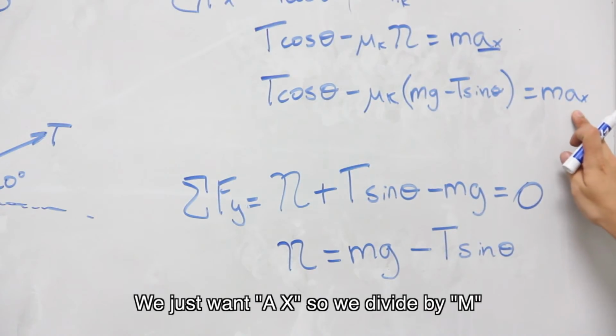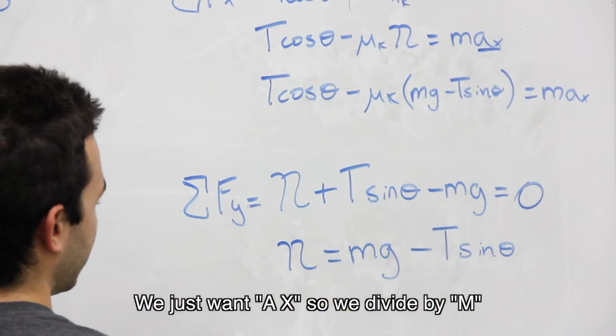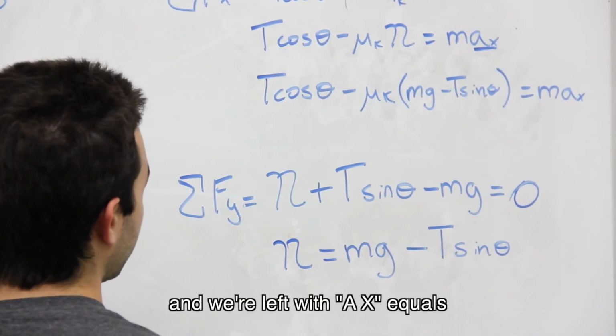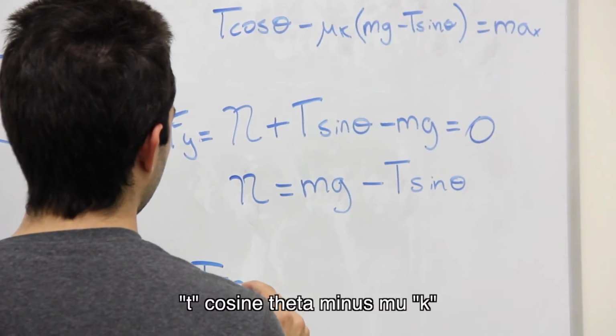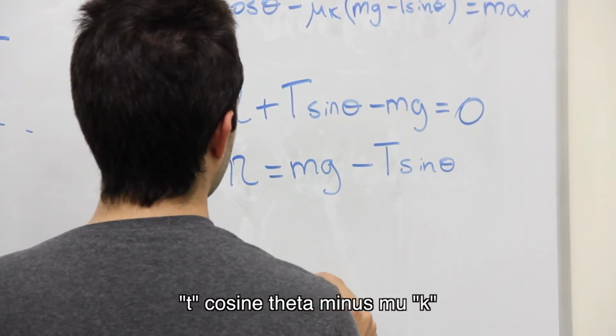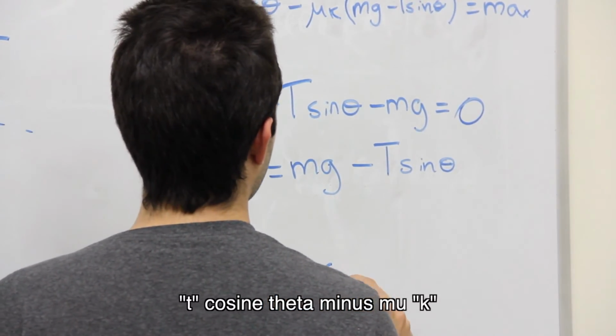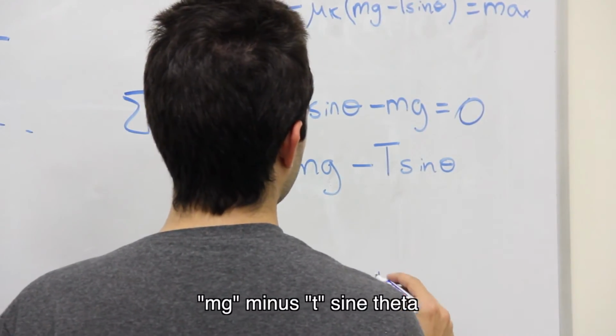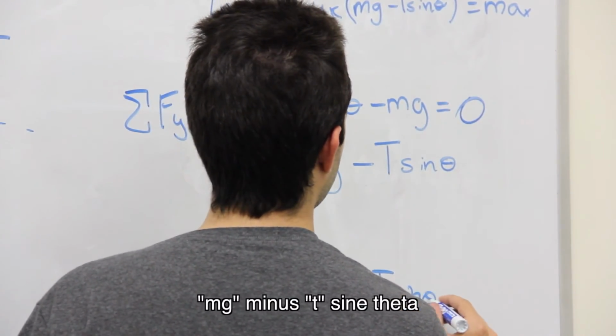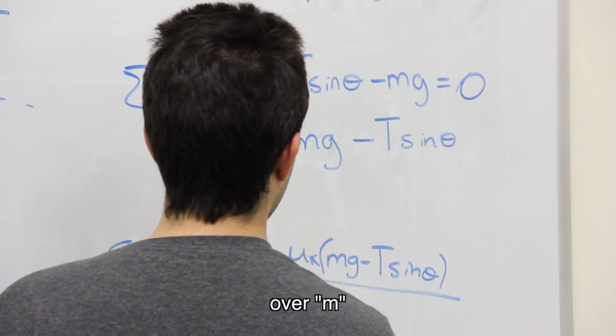We just want a_x, so we divide by m, and we're left with a_x equals (T cosine theta minus mu_k (mg minus T sine theta)) over m.